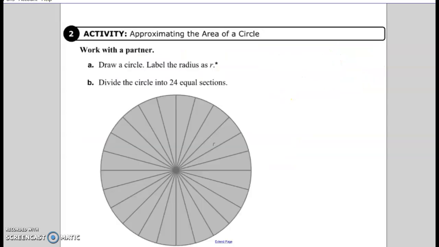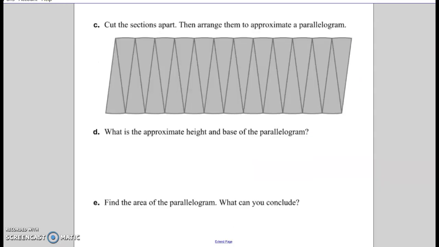All right, well, let's talk about this one. Remember, you drew a circle, you called this the radius, and when you cut it apart and put it back together into a parallelogram, the height of the parallelogram is the same dimension as the radius of the circle.